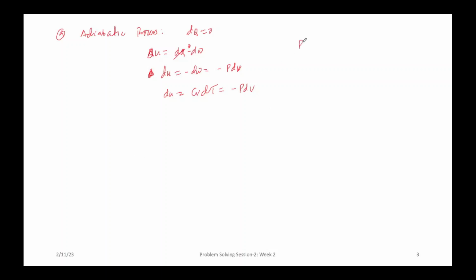Now based on the ideal gas, PV is equal to RT, so put the value P is equal to RT by V in this equation, and we get R dV by V.